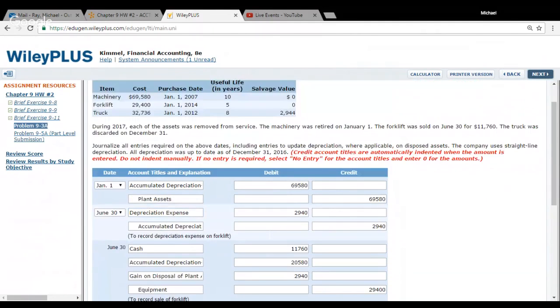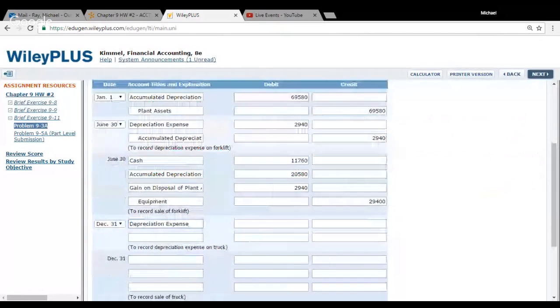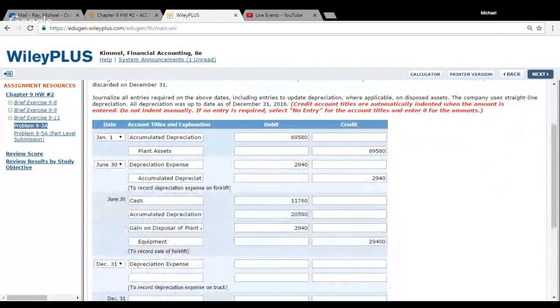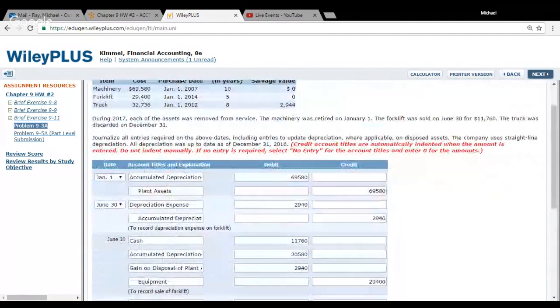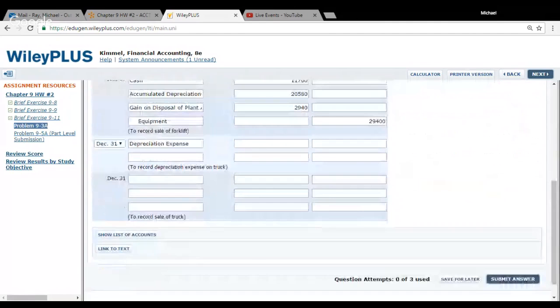And we know for the truck, the cost is 32,736. Its useful life is 8 years. So divide that by 8. It's 4,092.